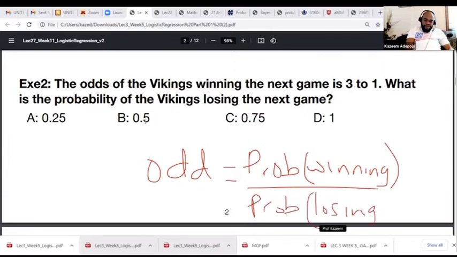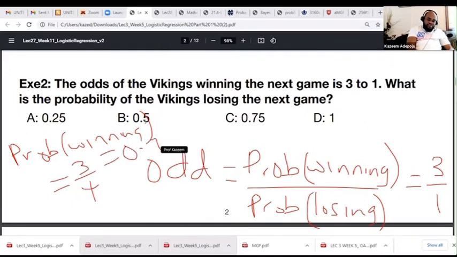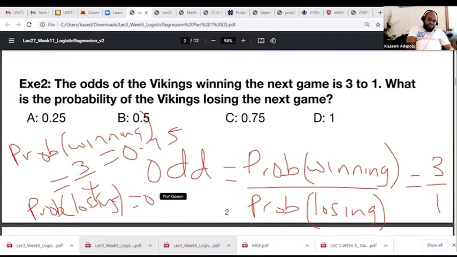If the odds ratio is 3-1, and I really want to find the probability of winning, it is actually going to be 3/4, 3 out of 4, that would be 0.75. And the probability of losing is going to be 0.25.